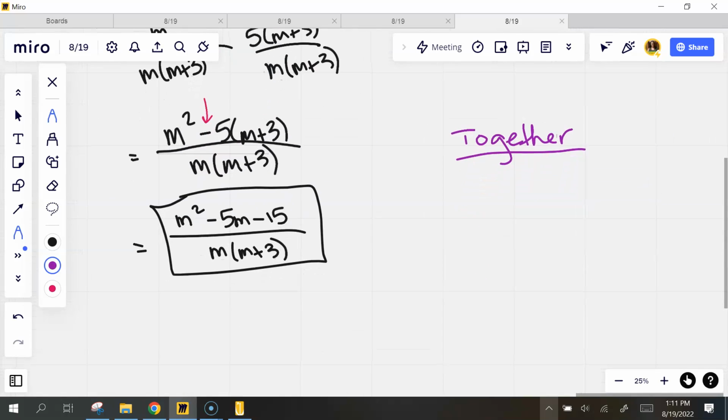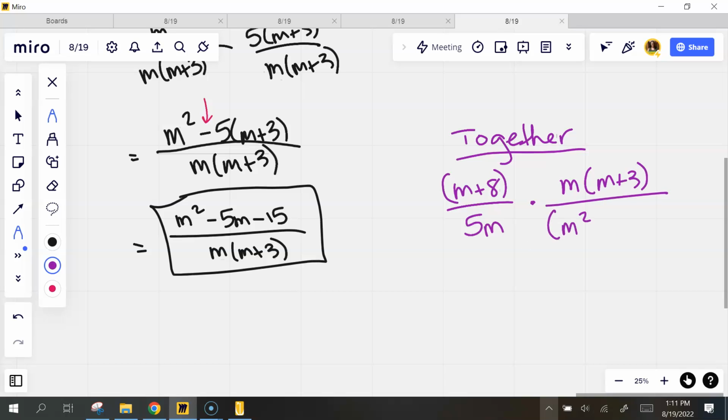Top is m plus 8 over 5m. The bottom, flip it: m times (m plus 3) over m squared minus 5m minus 15. I do see one thing that cancels here. What does?